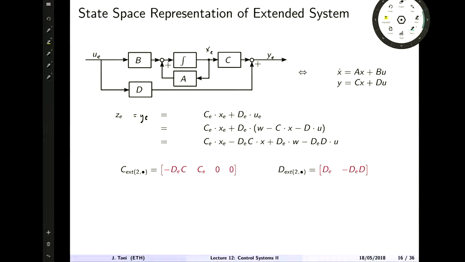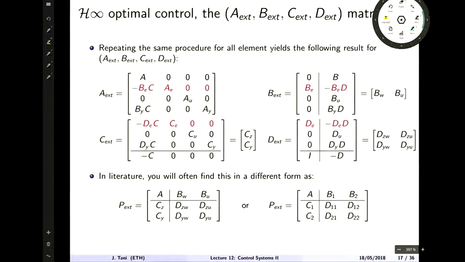I'll skip this, so we save some time. What we have at the end is this. We have 4 matrices, A extended, B extended, C extended, D extended. And we see that the original A is just one little part of this matrix, and the original B is just one part here. What this really means is that in the literature you will find this.